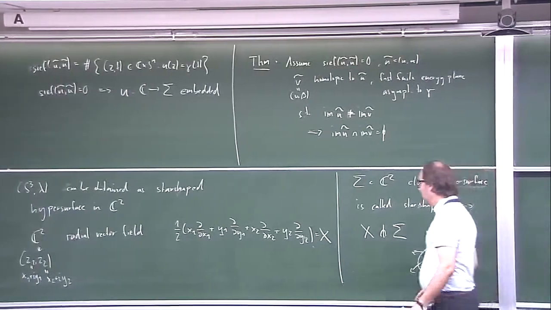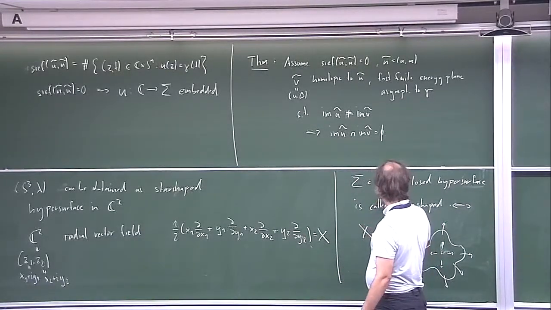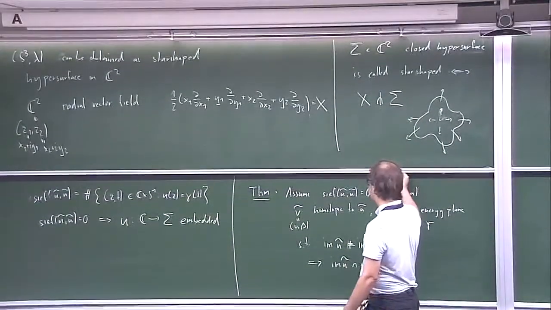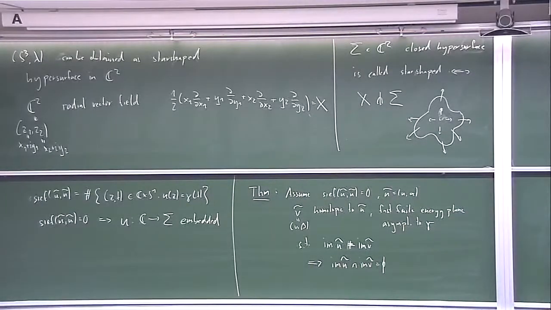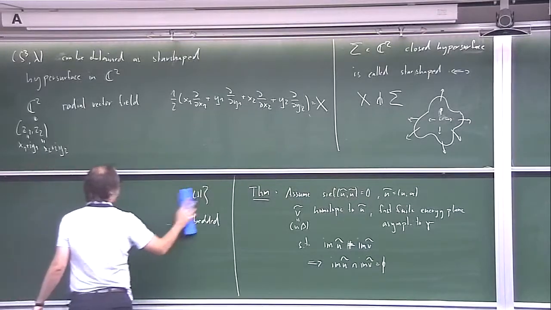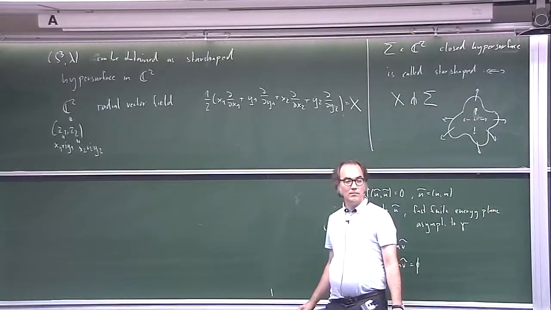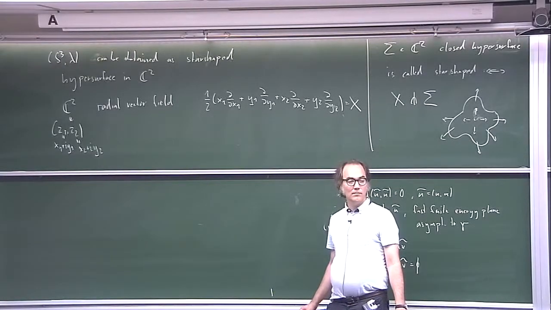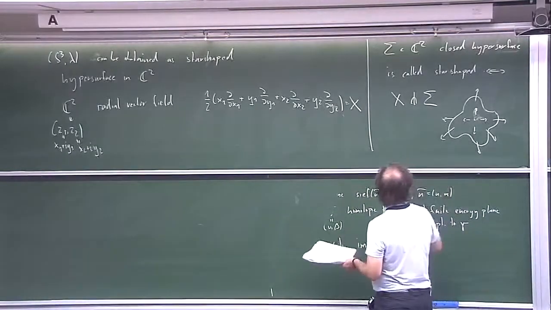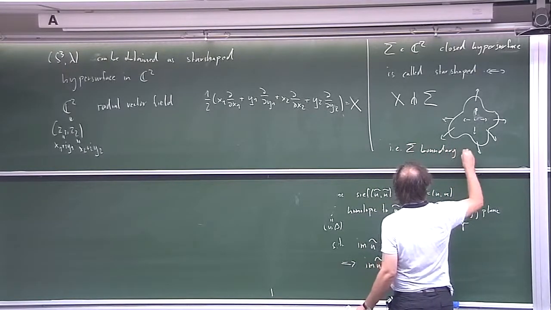Then we just restrict the standard form to that. So sigma is the boundary of some star-shaped domain. Yes, this is another way to say it: sigma is the boundary of a star-shaped domain.